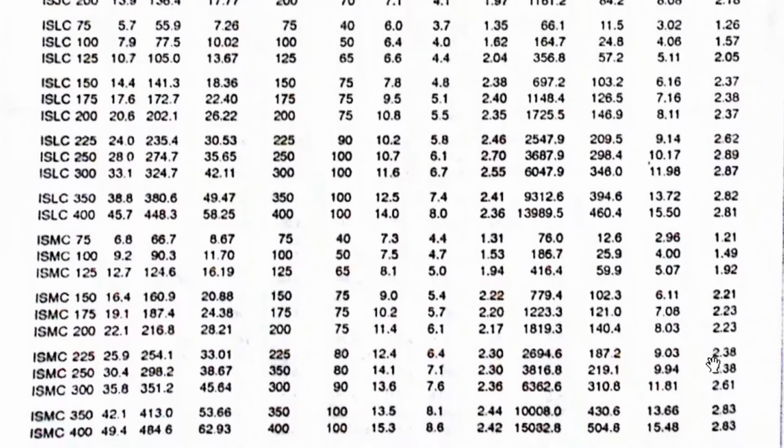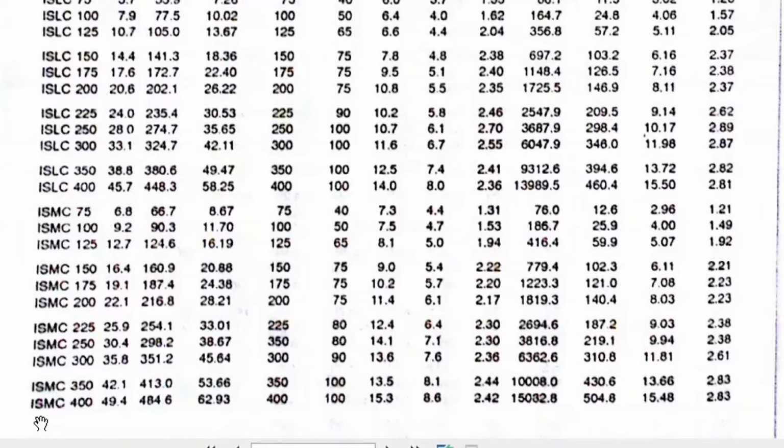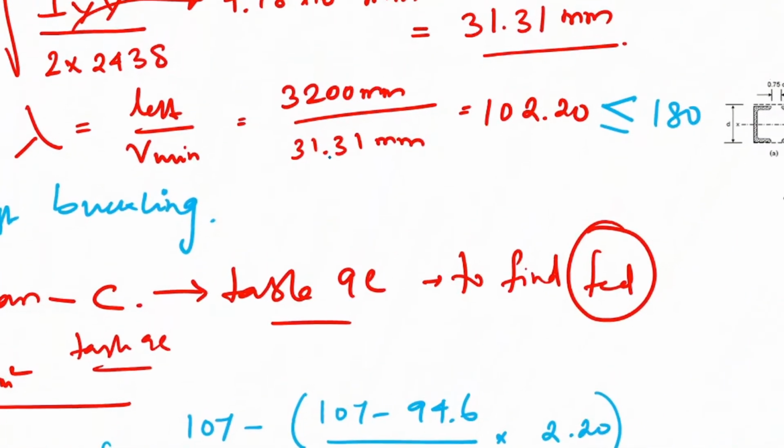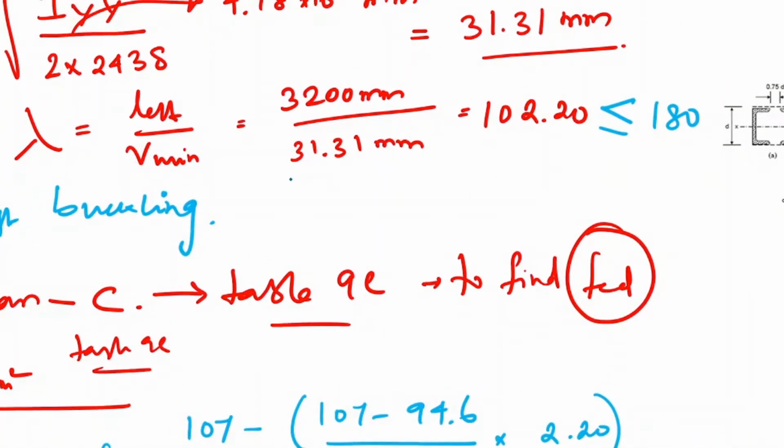But even if you go further, to the huge channel section ISMC 400, whose least radius of gyration is 28.3 mm, and combine two channel sections back to back or toe to toe, you can increase it up to maybe 36 or 37 mm. Even then, the slenderness ratio is going to be around 90 to 100.